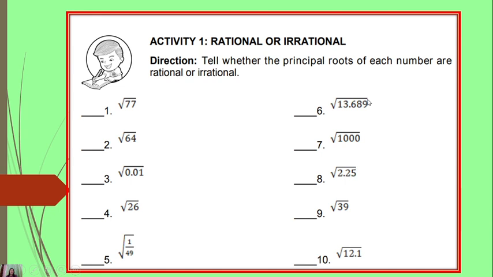So in your activity sheets, activity number 1, you are going to tell whether the principal roots of each number are rational or irrational. So ang magiging sagot ninyo from numbers 1 to number 10 should be rational or irrational. Let's have number 1. Square root of 77.